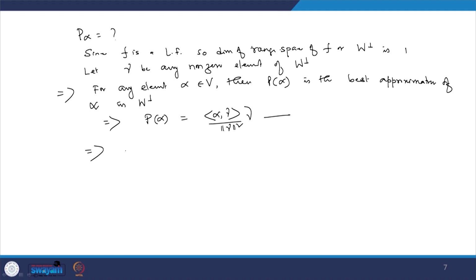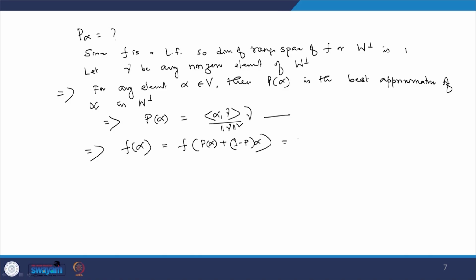So, this implies f of alpha, I can write this is equal to f of P alpha plus I minus P of alpha, which is equal to f of P alpha only, because I minus P operating on alpha will be in W, that is null space of F. So, that will definitely be orthogonal to gamma.